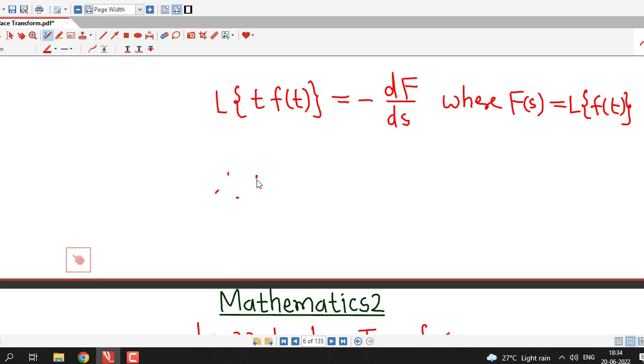And if we take inverse Laplace transform on both sides, then we have L inverse of minus dF by ds equal to t times f of t.